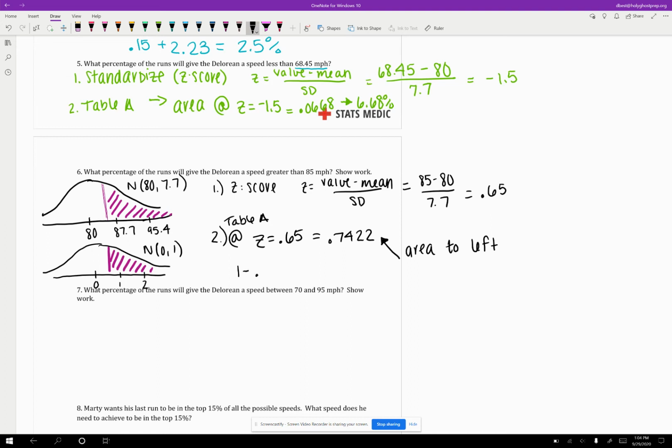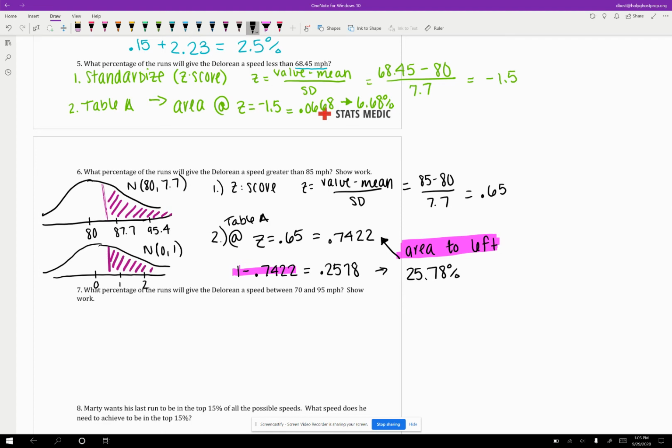So we're doing 1 minus 0.7422 for an answer of about 25.78%. Okay. So it's really important to know that table A will always, always, always be the area to the left. And if you need something to the right, that means you need to find the difference.